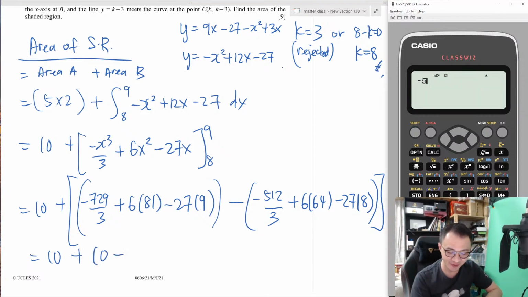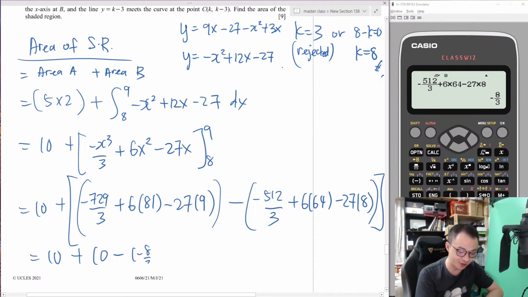Okay, then another negative 512 over 3 plus 6 times 64 minus 27 times 8. Okay. Negative 8 over 3, sorry. So which is 10 plus this one, so it should be 38 over 3 as the final answer.